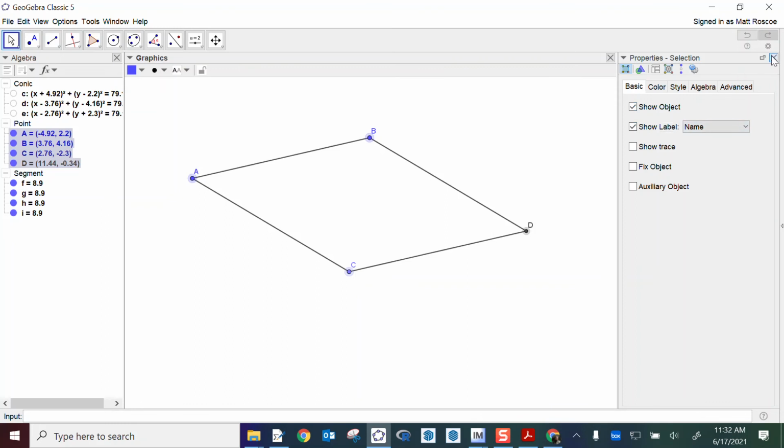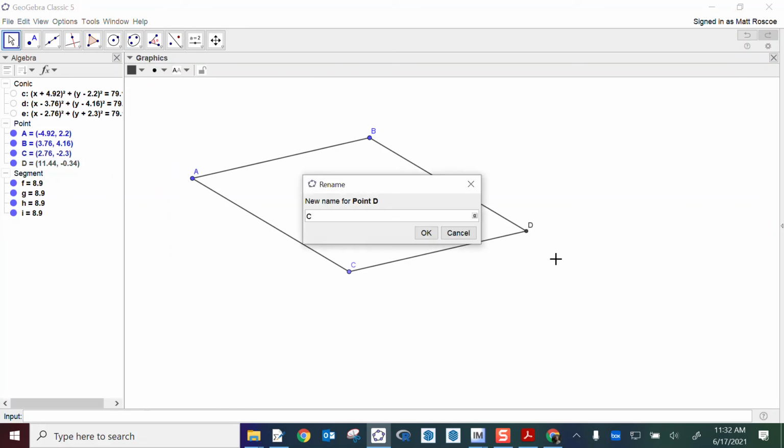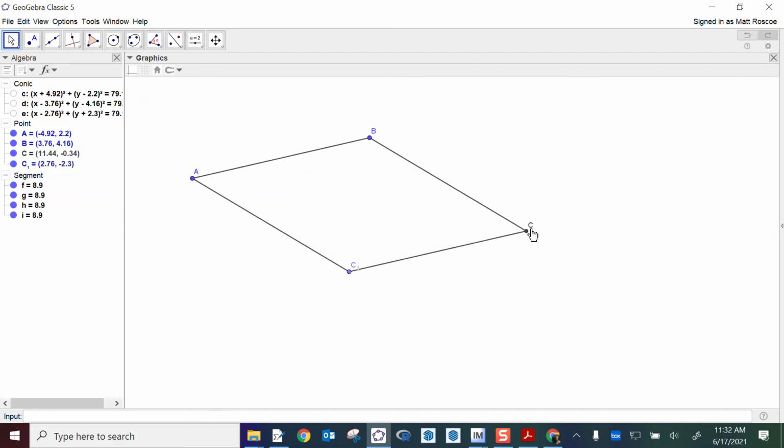Okay, I'm going to close that window out. So there we go, A, B, C, D. Although I don't like the way it's named, I should probably name this one C. So one way you can do that is just highlight it and then type in a new name, C, and it'll say, do you want to rename that point D to C? You hit OK, and it changes it to C, and then the old C becomes C sub 1. So I guess this one here, I'll relabel as D.